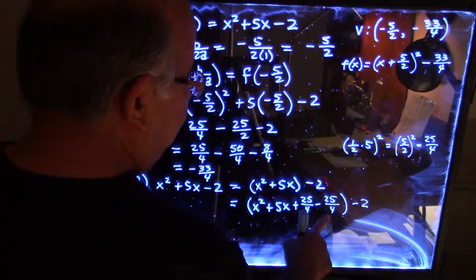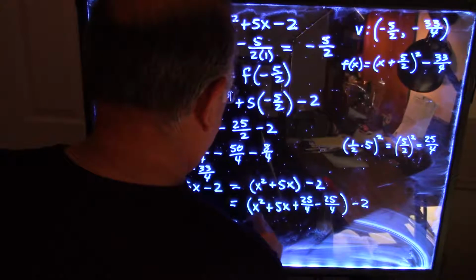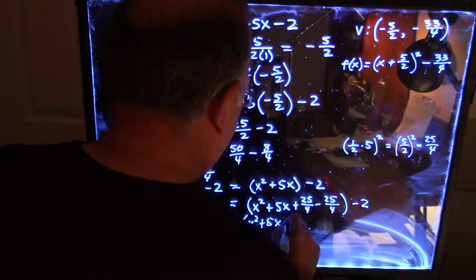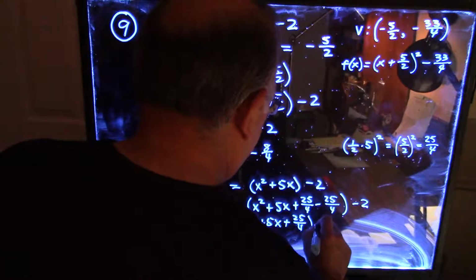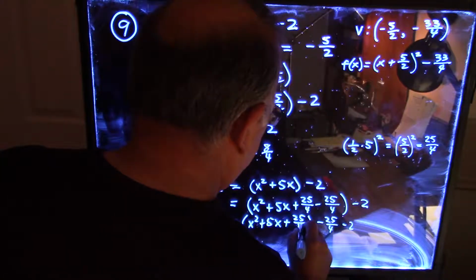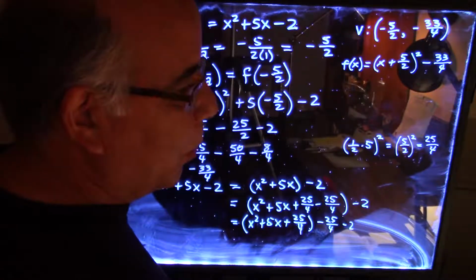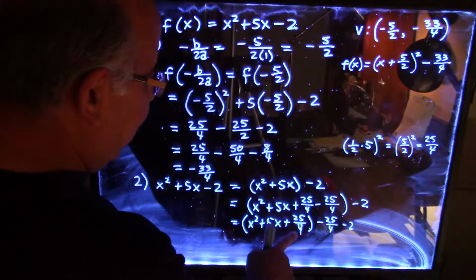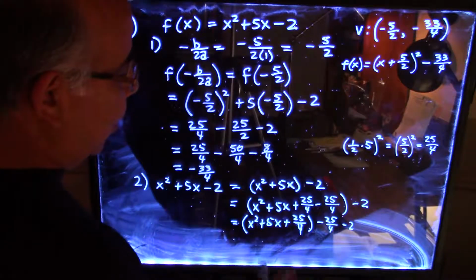Now you bring the minus 25 fourths outside and add it to the negative 2, and that leaves you with x squared plus 5x plus 25 fourths, minus 25 fourths minus 2. Now this will always be a perfect square trinomial when you use this method. That's why it's called completing the square. So what is this? This is x plus 5 over 2 quantity squared.